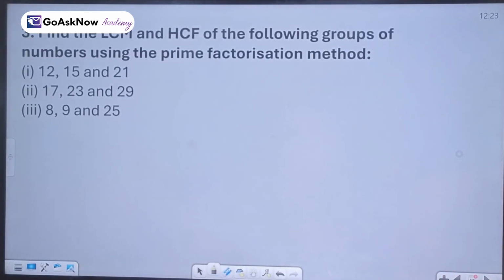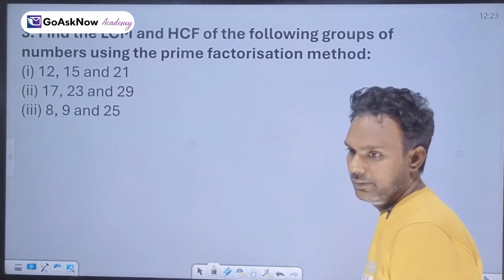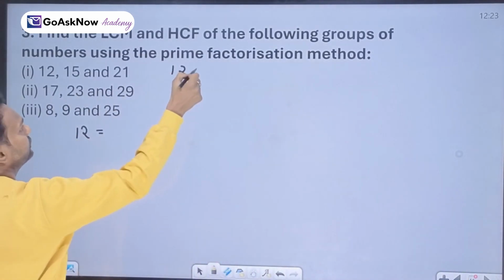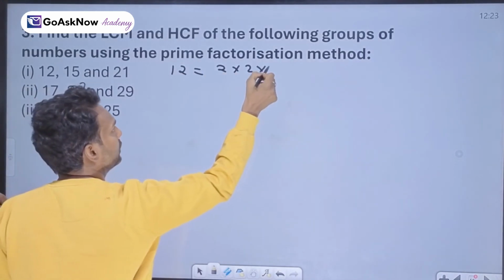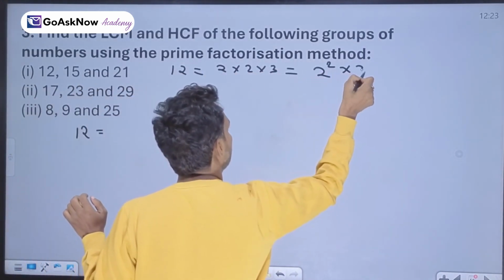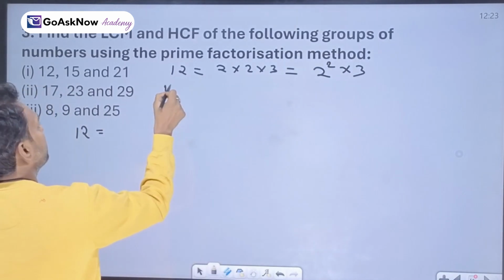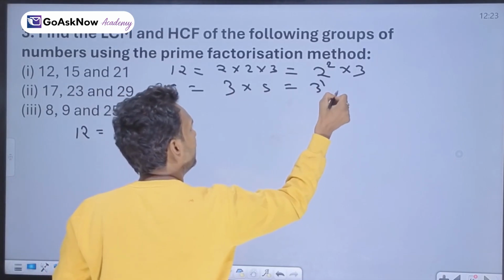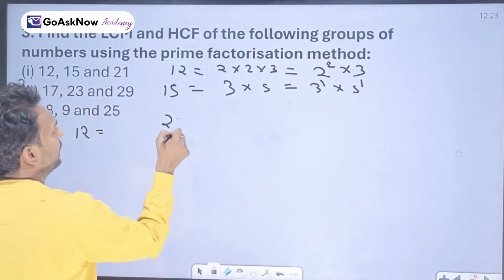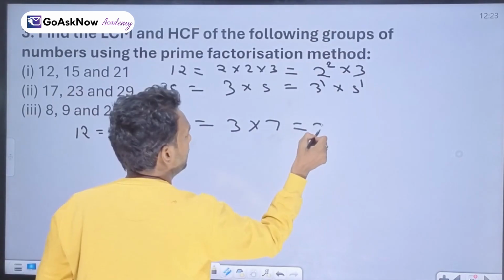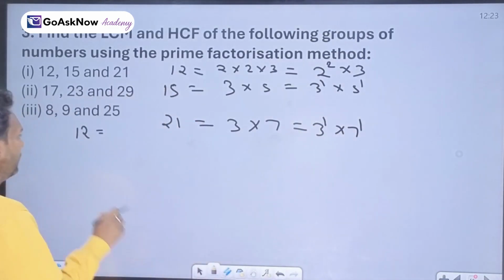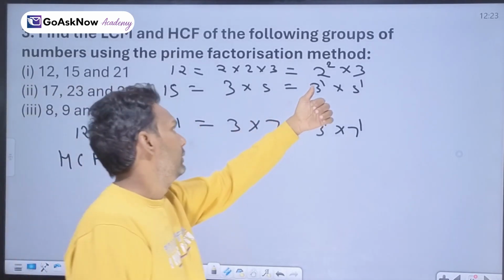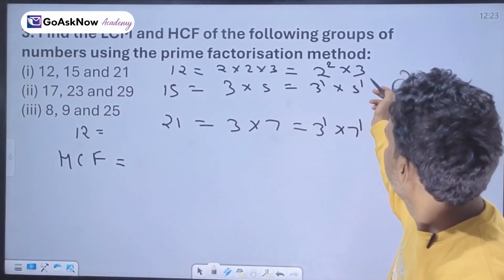Find the LCM and HCF of the following group of numbers using the prime factorization method. So 12 is equal to what? 2 into 2 into 3, or we can say 2 to the power 2 into 3. 15 is 3 into 5, 3 to the power 1 into 5 to the power 1. 21 is 3 into 7, 3 to the power 1 into 7 to the power 1. Now what is HCF? What is the common factor? The common factor is 3.